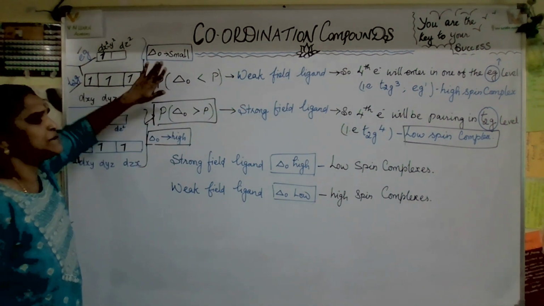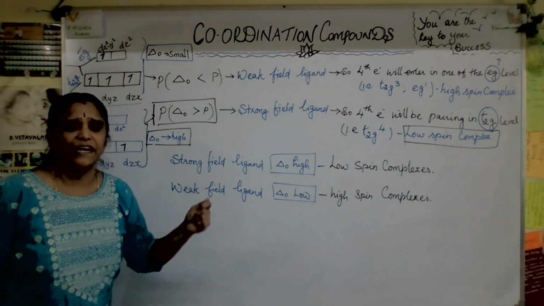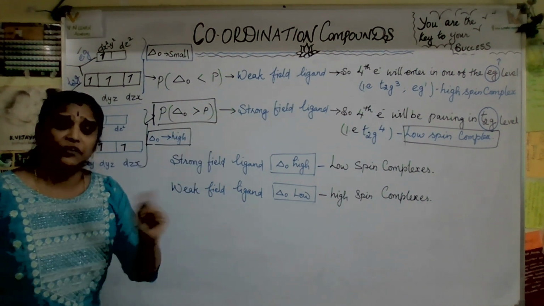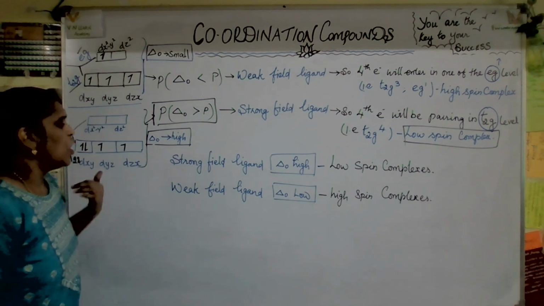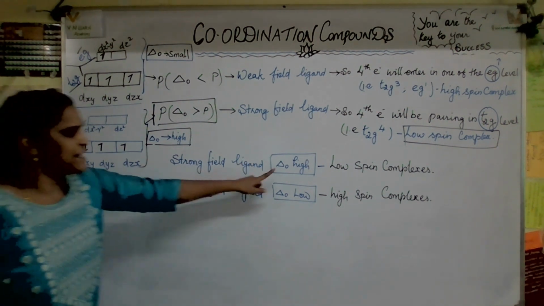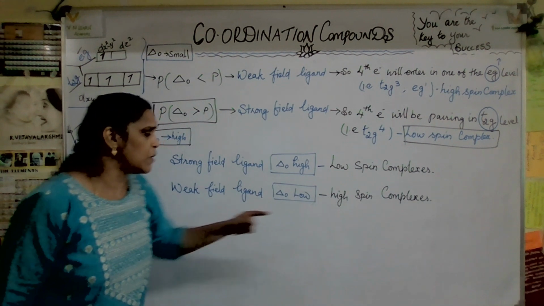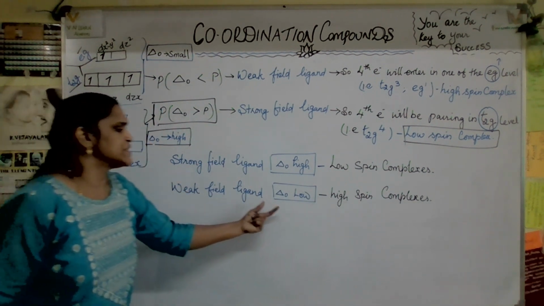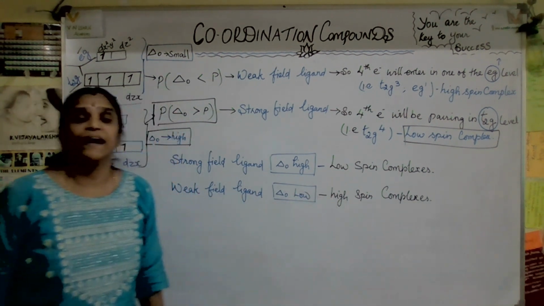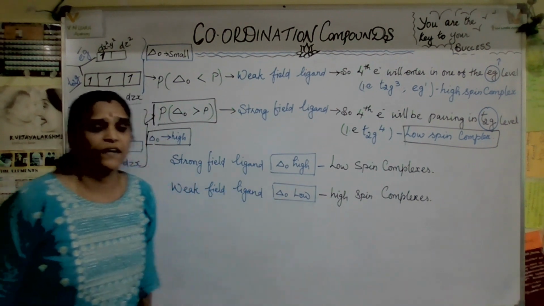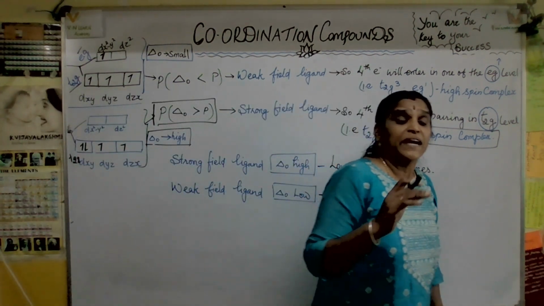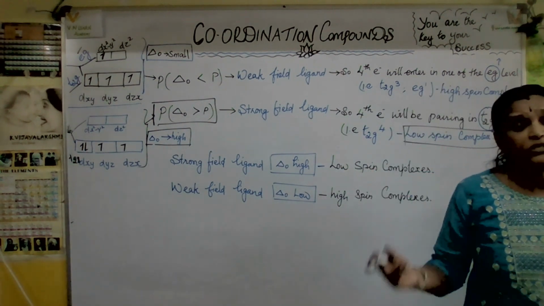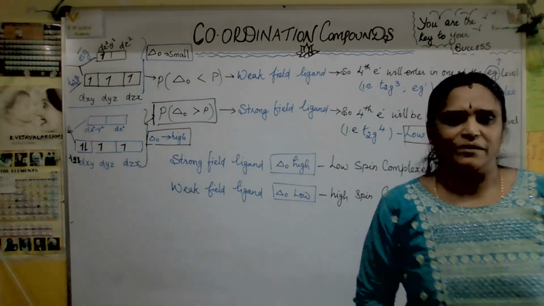This mind map will help you identify them, so take a screenshot. So strong field ligand means delta naught is higher and a low spin complex, and weak field ligand means delta naught is low and a high spin complex. Hope you're clear. Now we are going to compare some compounds with magnetic property.